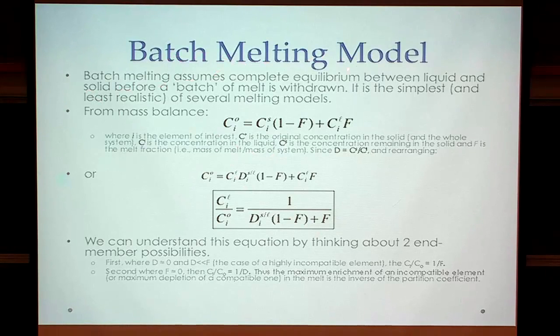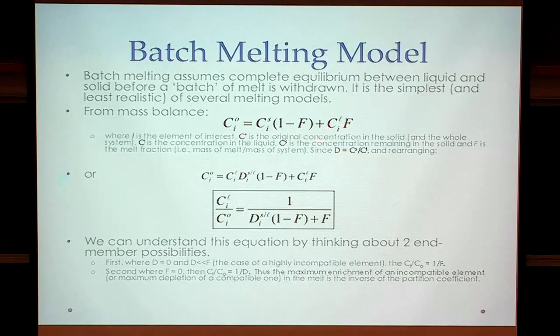So, very quickly, batch melting model. Talk about how elements partition when the mantle begins to melt. The batch melting model is the simplest and probably least realistic of these. We can start with a simple mass balance equation, which says that the concentration in the original solid is equal to the concentration of an element I in the solid after melting begins, times 1 minus F, where F is the fraction of melt, so 1 minus F is the fraction of solid, plus the concentration of liquid times the fraction of liquid.